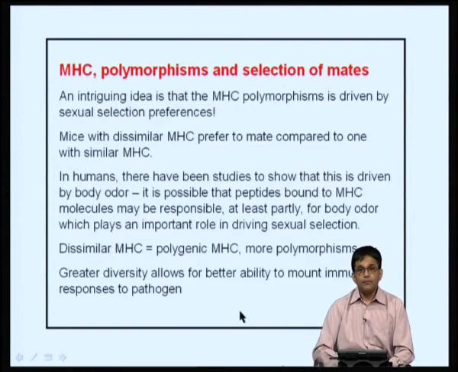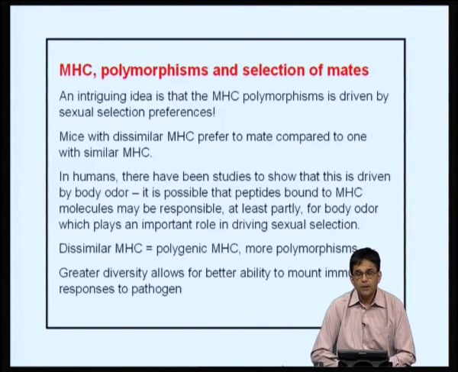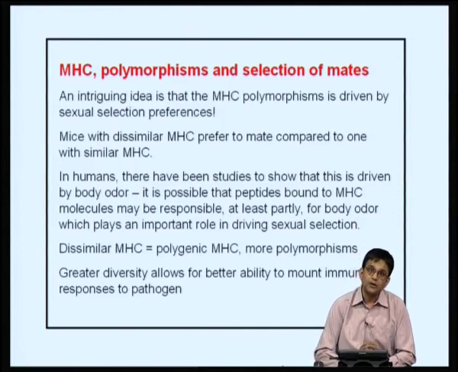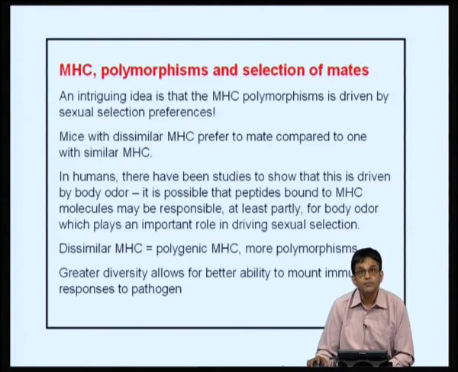I am going to discuss now a newer facet of the role of MHC, and that has to do with selection of mates. An interesting experiment was done, and what was found is that mice with dissimilar MHC prefer to mate with each other compared to the ones with similar MHC.